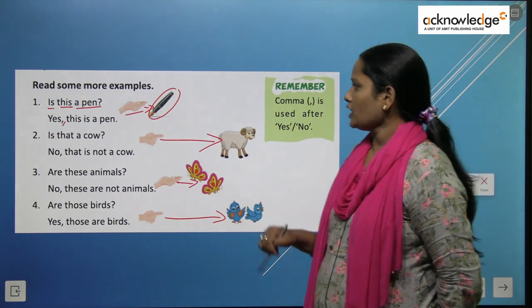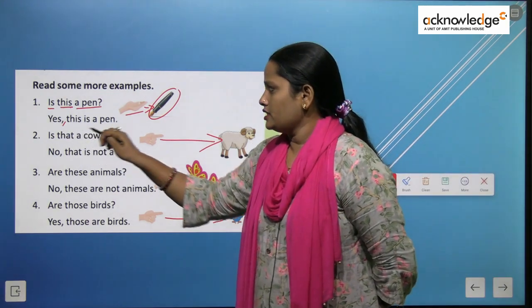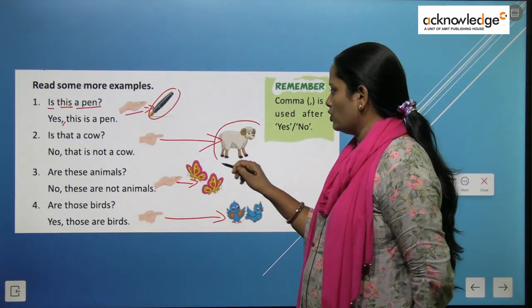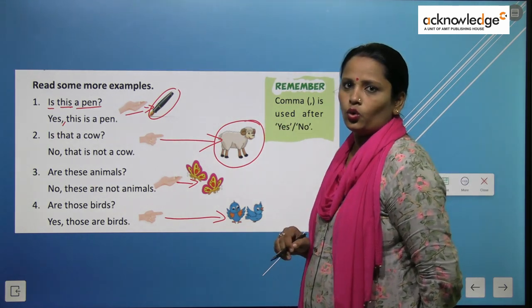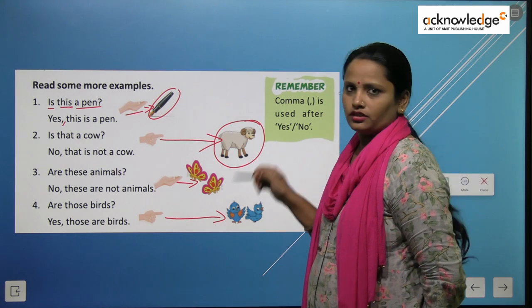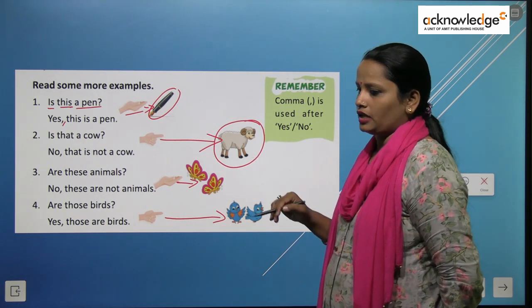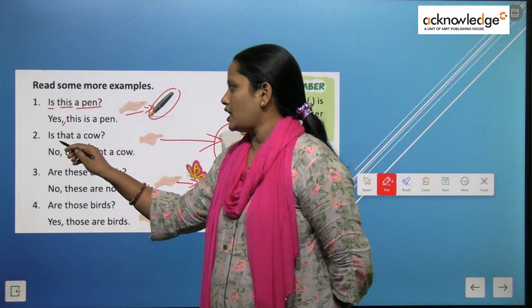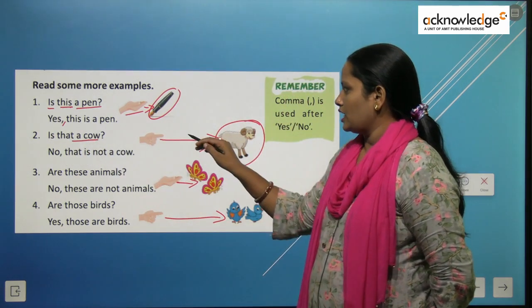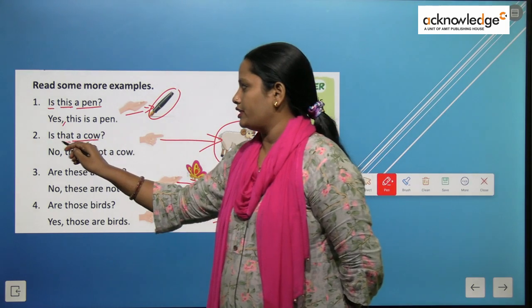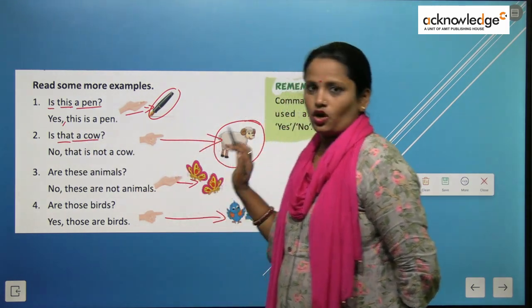Next, is that a cow? After looking at this animal, can you decide? Is it a cow? No, I don't think so. It looks like some other animal. The question is saying, is that a cow? This animal is so far away, so here we have written that. So this is not a cow.